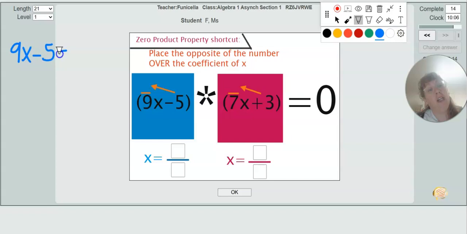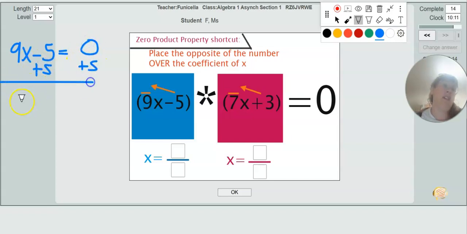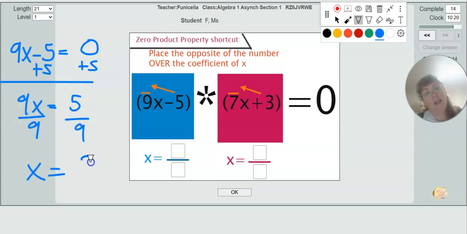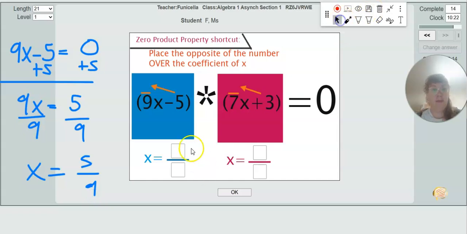Maybe you're looking at the shortcut, maybe you're doing the workout. We're going to add 5 to both sides, and we get 9x equals 5. And then we're going to divide both sides by 9 to get x equals 5/9.